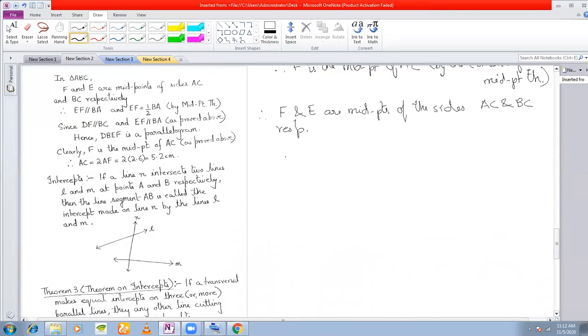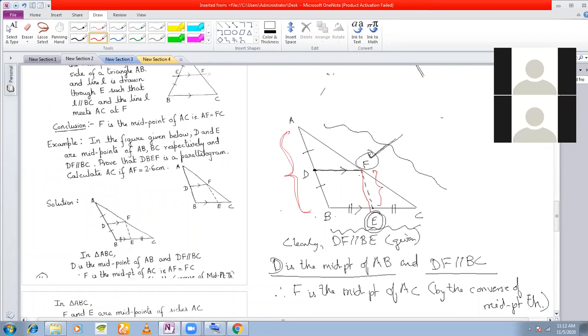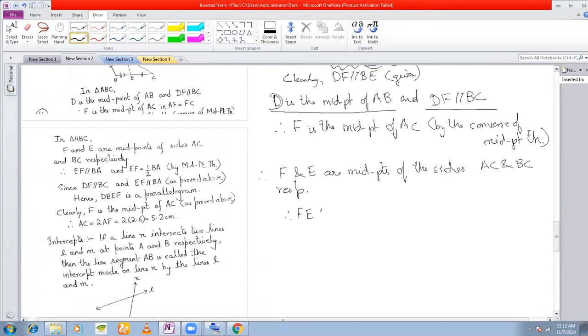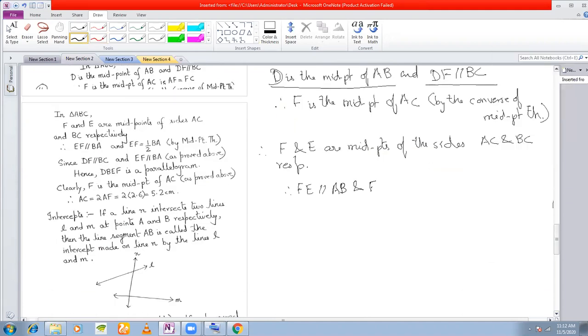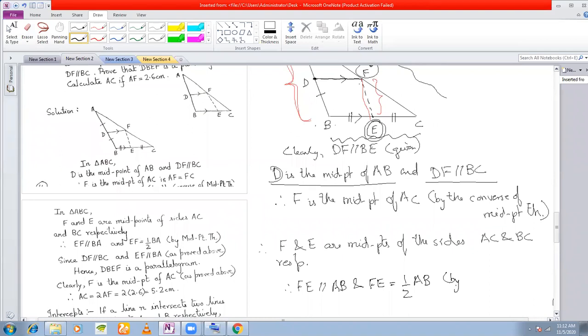Exactly. These two sides are parallel, this side and this side, and the length of this side is half of the length of this side. That is by applying the midpoint theorem. Therefore, FE is parallel to AB and FE is half of AB.